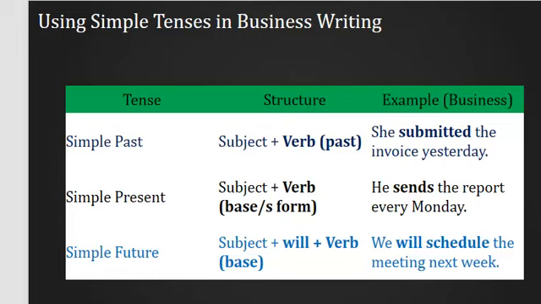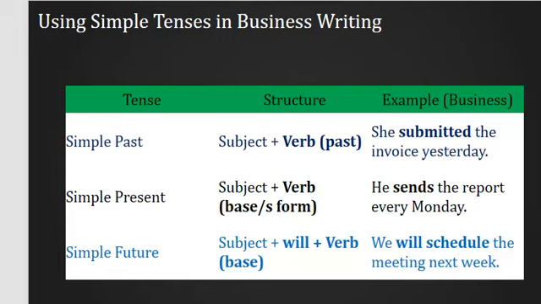While simple future has the structure of subject plus will plus base verb. Base verb means the verb or kata kerja tu does not have any suffix at the back or any additional part of a word at the back of the word itself.